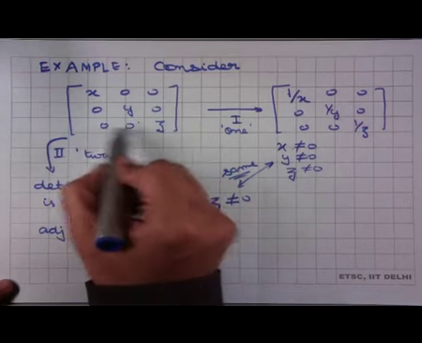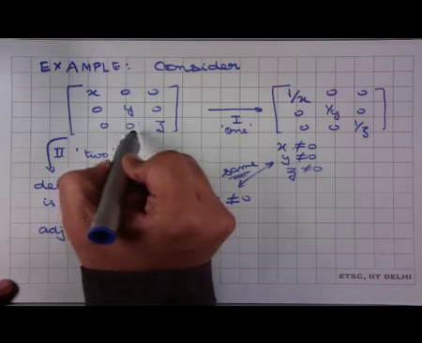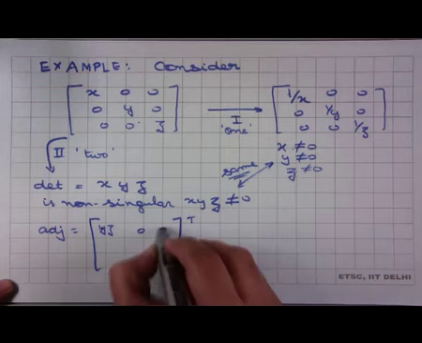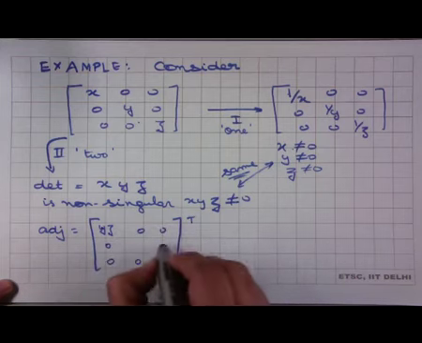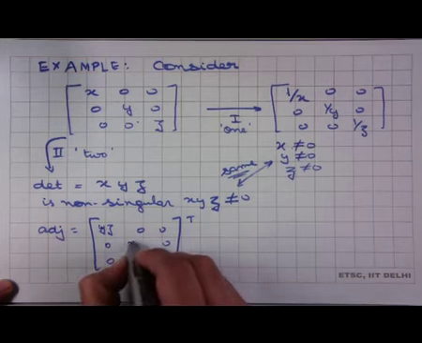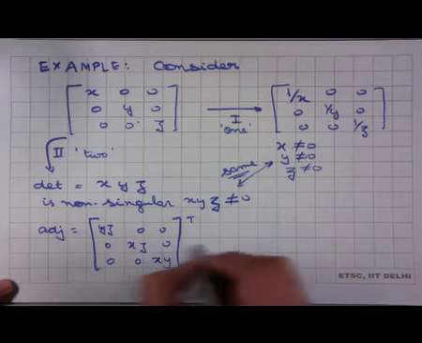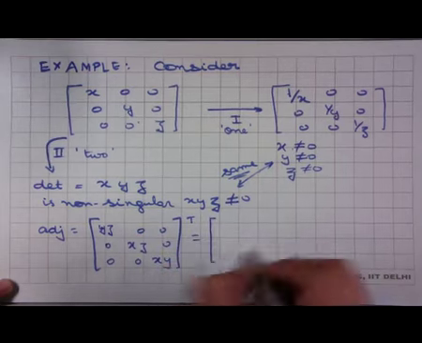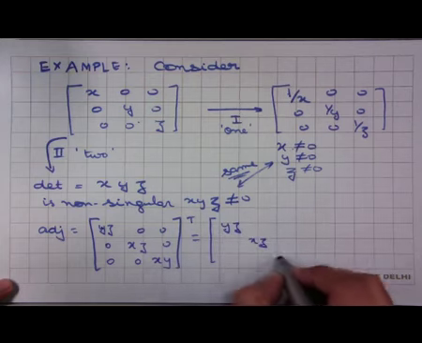One is that one row is 0, second is that it is an upper triangular matrix with diagonal elements 0. Or you can also directly calculate the determinant. In fact, if you look at all the calculations, you see that all these terms will be 0. This will be x times z, and this will be x times y. It is a diagonal matrix, so the transpose is equal to itself.